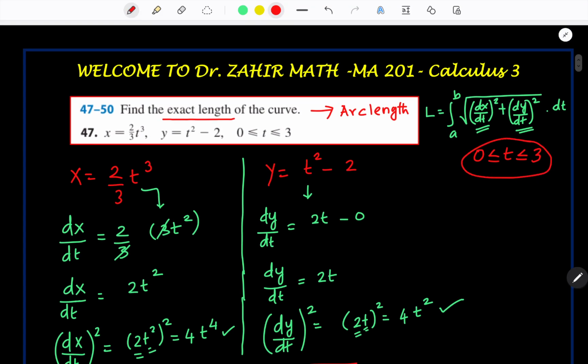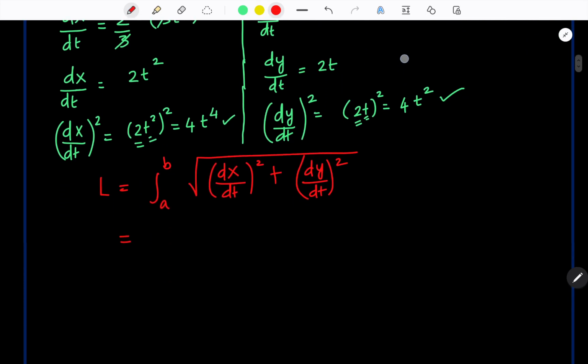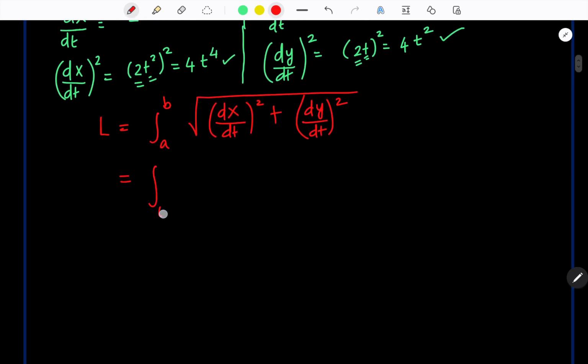This is your a and this is your b. So this is going to be the integral from 0 to 3 of the square root of, what's your (dx/dt)²? Already squared, no need to square this one. Keep in your mind, already squared, which is 4t to the power 4 plus 4t squared.